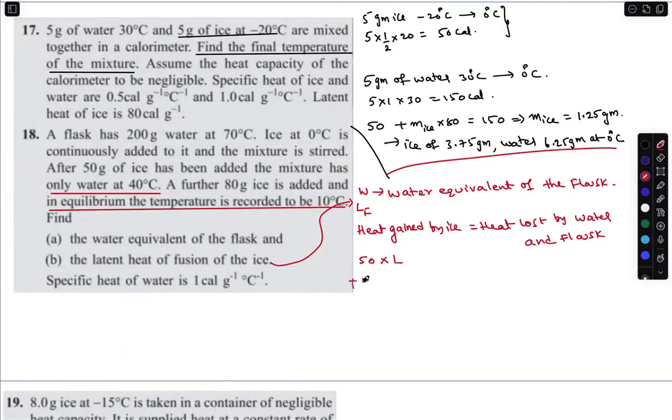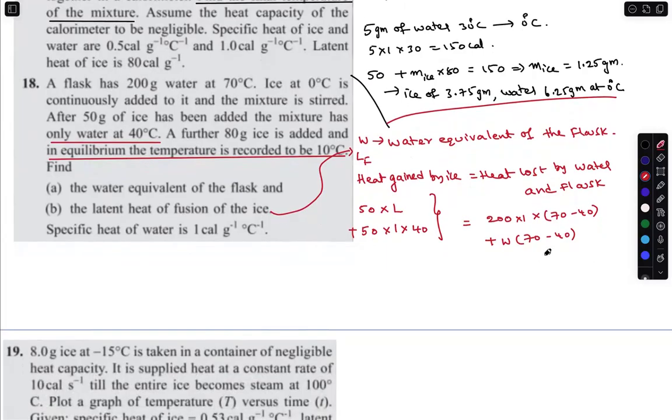So this is 50 L plus the specific heat part, 140 is totally gained. Heat lost is 200 grams into 1 into 70 minus 40, plus W into 70 minus 40. So this gives one equation with two unknowns.